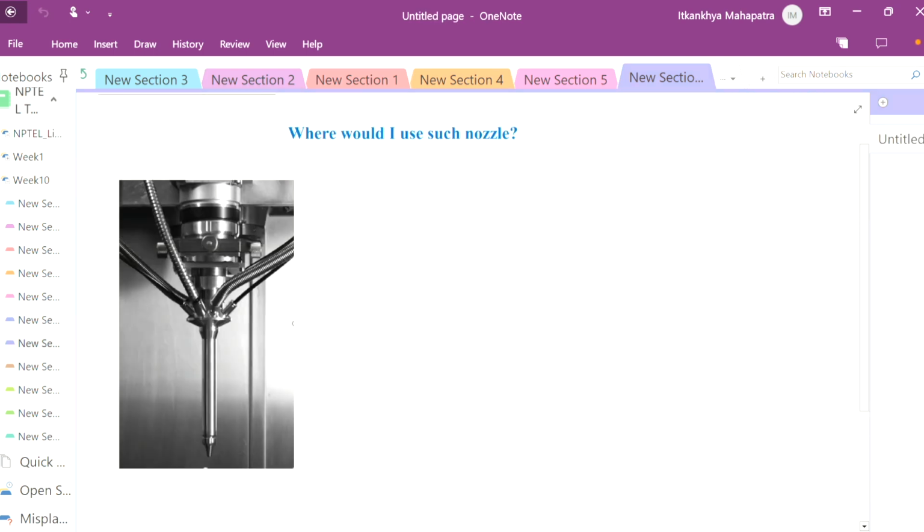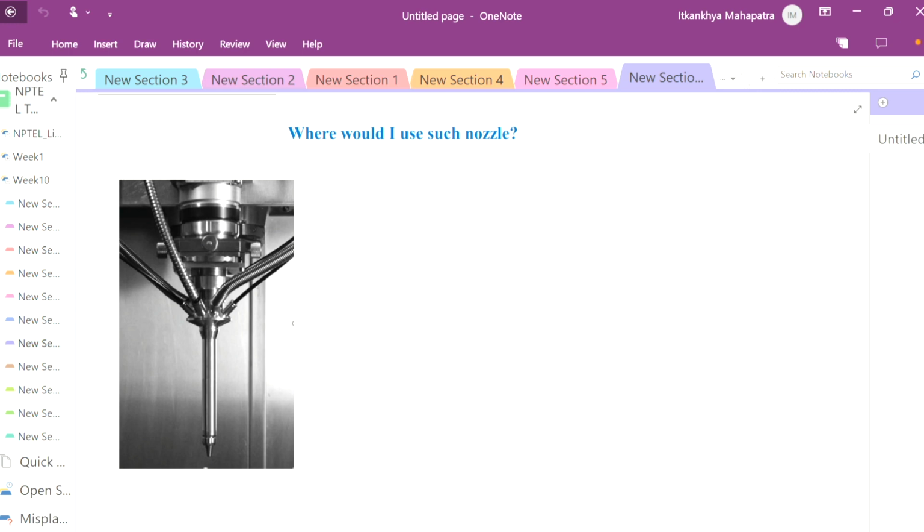So now we have to find out where we have to use such a nozzle. The question is, where will we use such a nozzle? In the powder bed system or wire gauge system, we cannot make support structures.